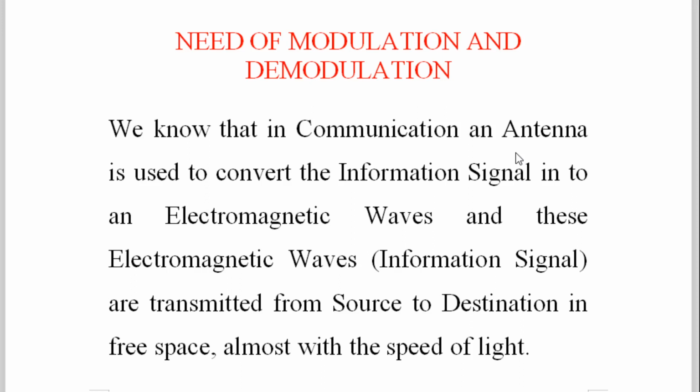So here we know that in communication, an antenna is used to convert the information signal, that is electrical signal, into electromagnetic waves and vice versa.